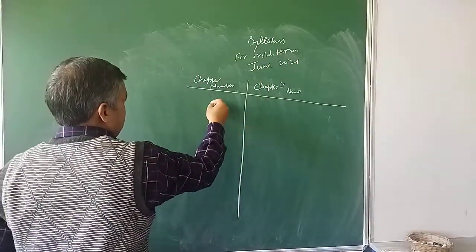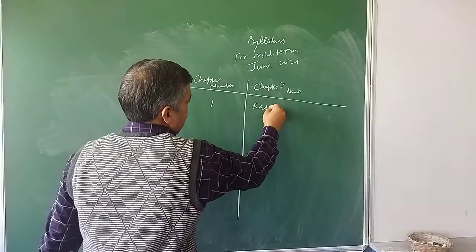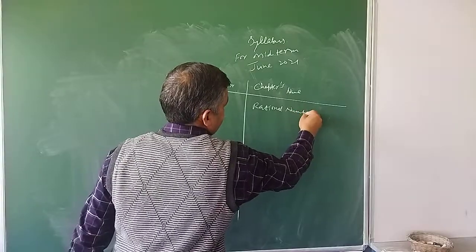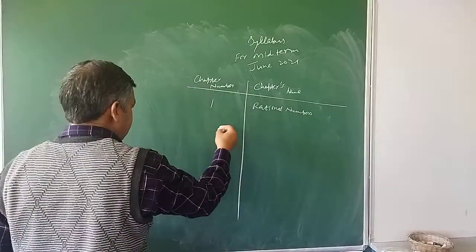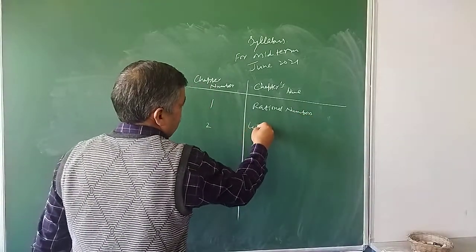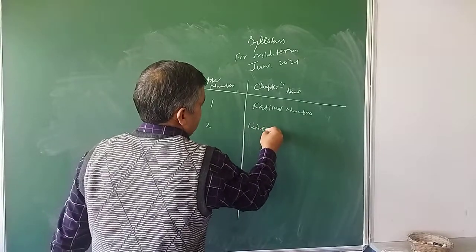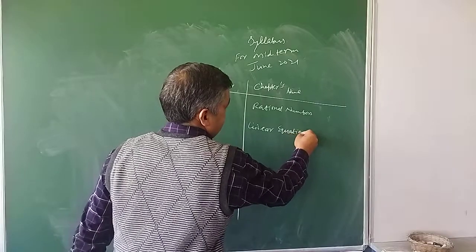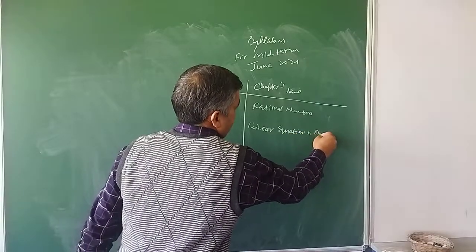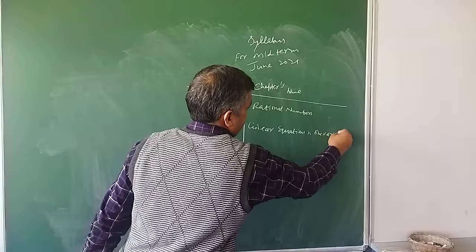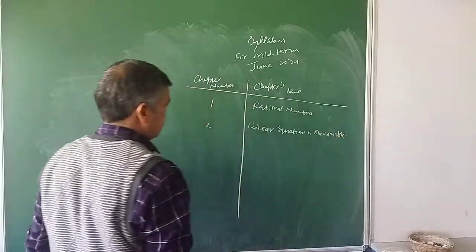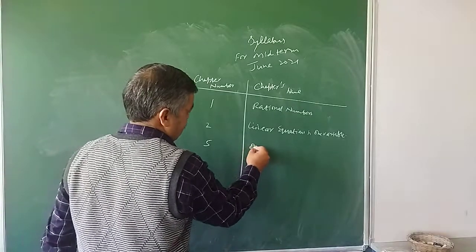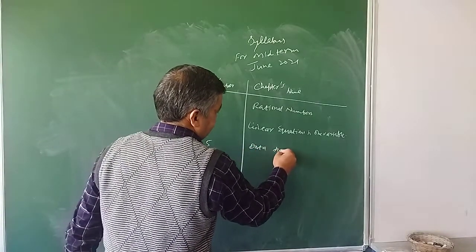Your chapter number 1 will be there, that is rational numbers. Already you have done that. Then chapter number 2, linear equations in one variable. Then chapter number 5, now we are going to start data handling.